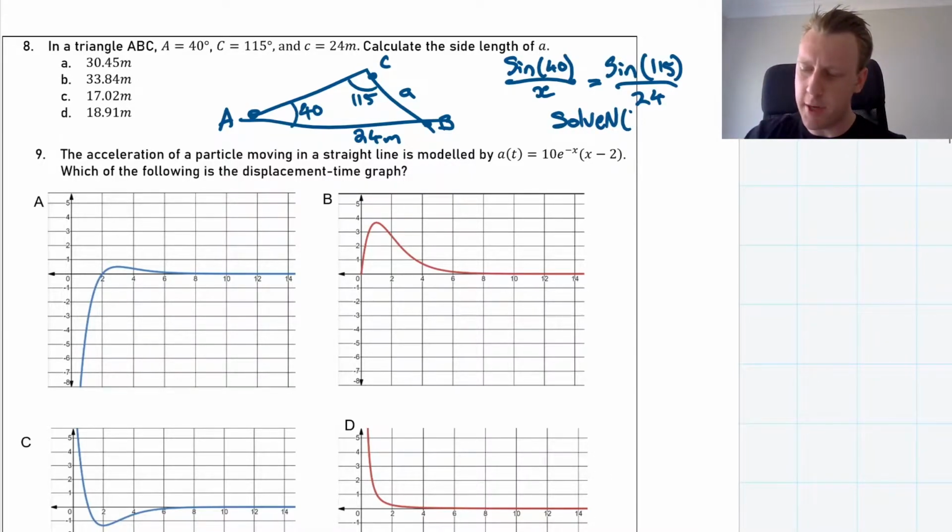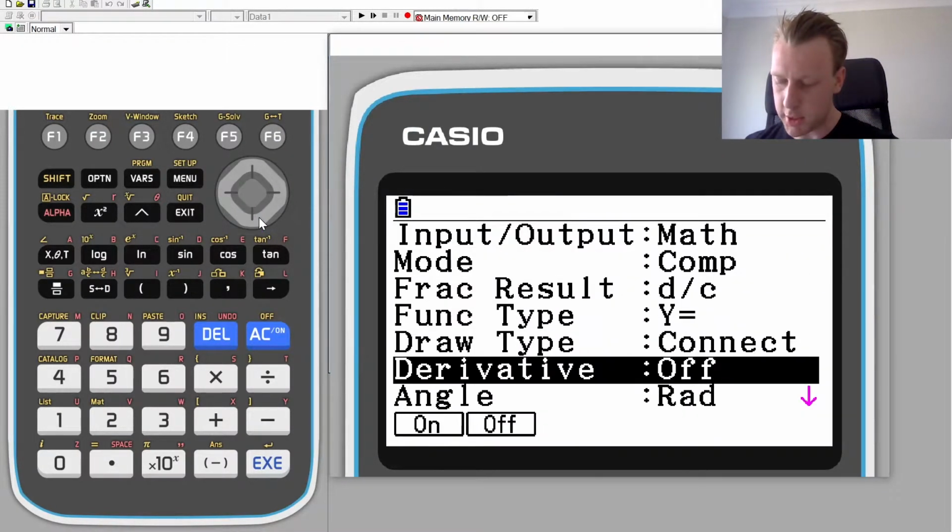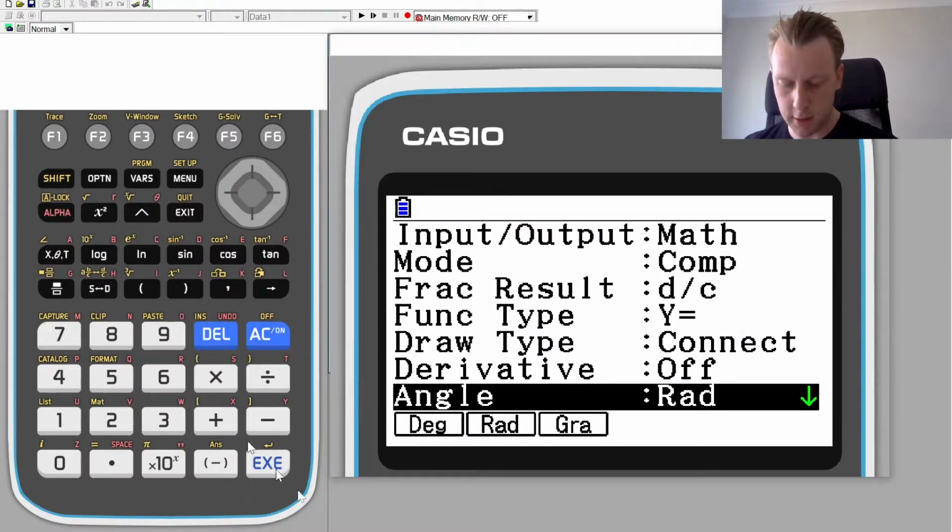Just be careful now, because most of the time you're in radians. Here you're dealing with degrees, so just do a quick change to degrees whenever you're doing this. So radians up there, I'll just go Shift, Setup, change it to degrees. Yes, degrees, thank you very much.